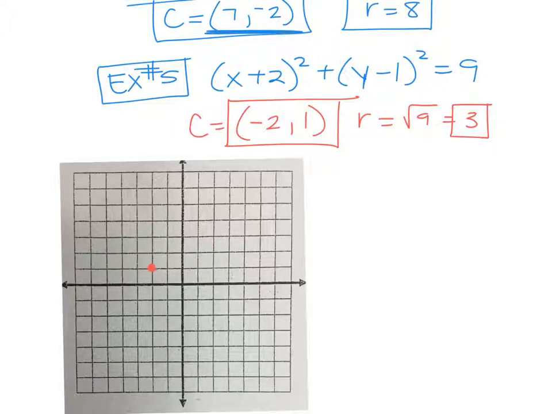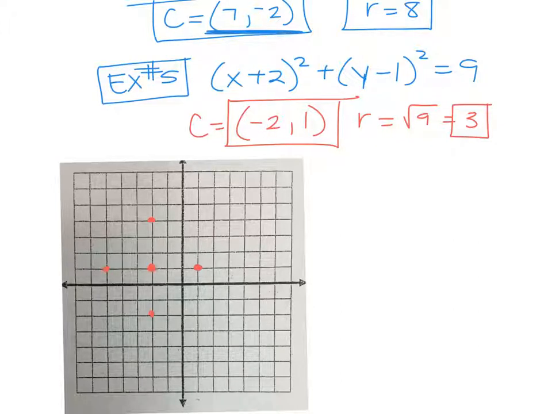And if I try and go 3 units this way, I have no idea where I end up, right? But I know what 3 units to the right and 3 units to the left and 3 units up and 3 units down are, right? So when you graph this, all I need you to do is go 3 up, 3 down, 3 to the left, 3 to the right, and then you can freehand the rest of it.